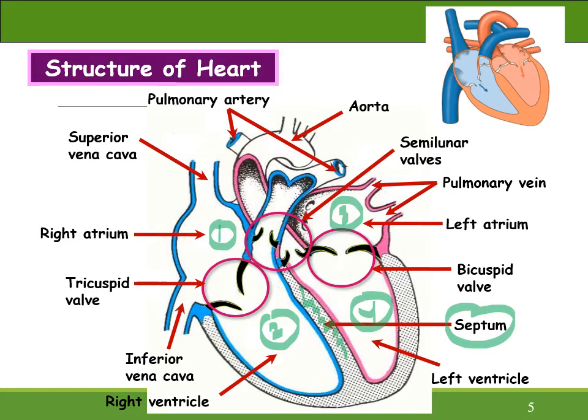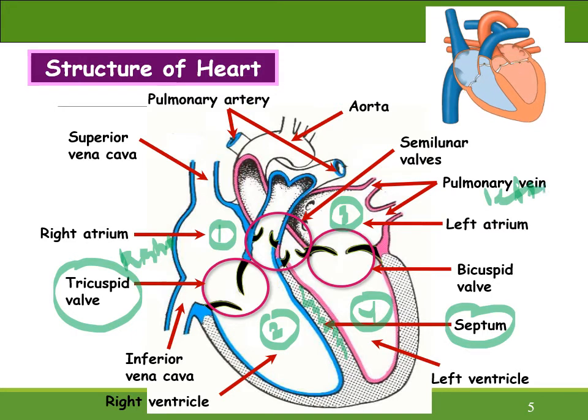On the right side of the heart, it has the tricuspid valve, and the left side, it has the bicuspid valve. So these valves control the flow of the blood in the heart to ensure only one-way flow.